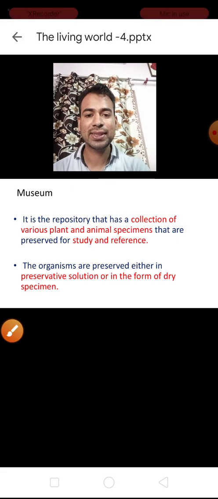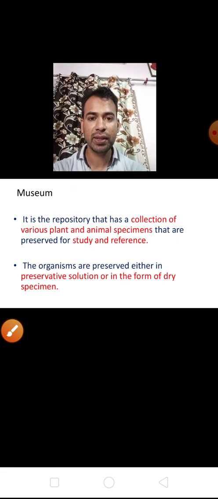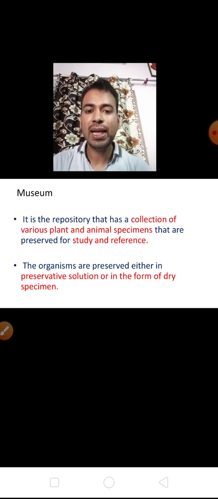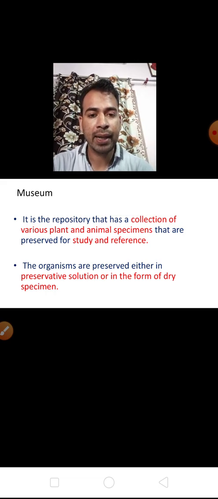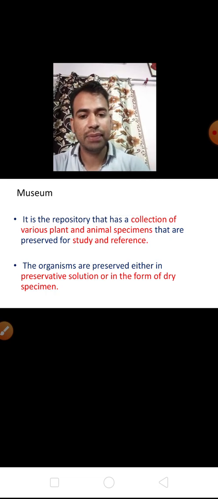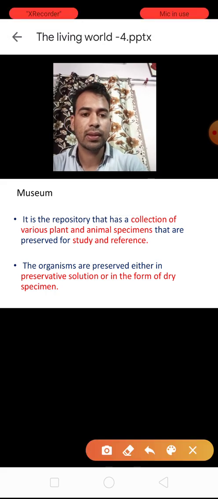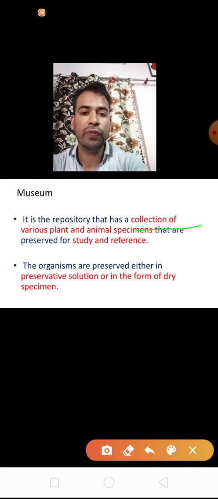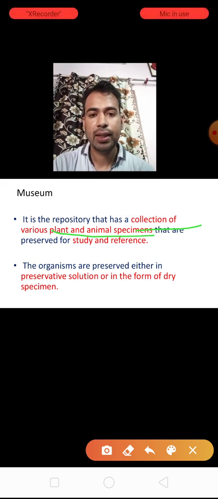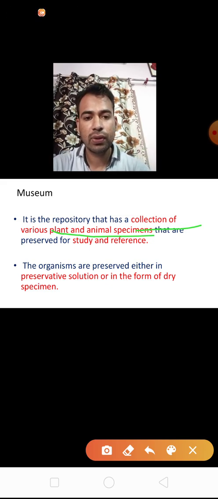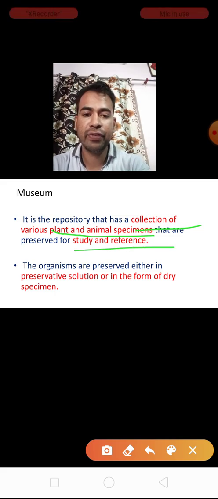Now children, next, that is museum. A museum is the place where plant and animal specimens are found. It is a collection of various plant and animal specimens that are preserved for study and reference.